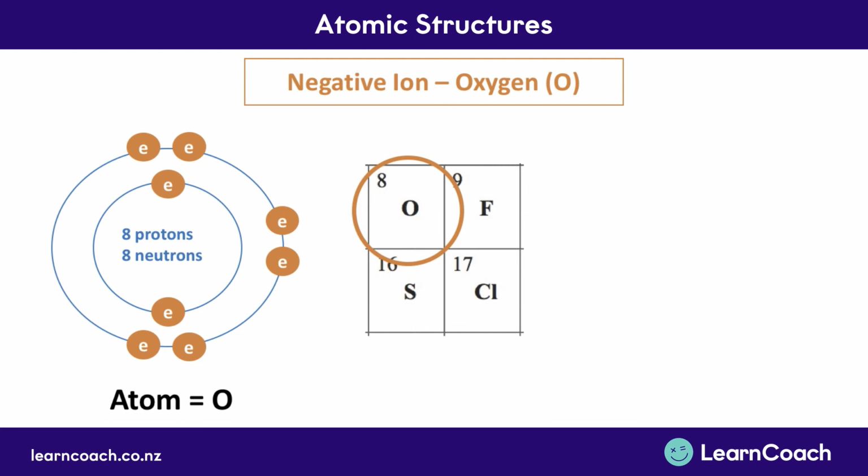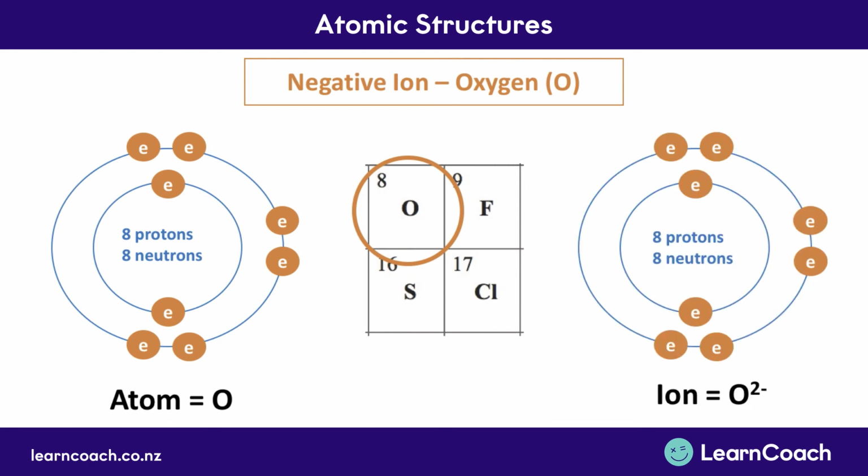Ultimately, this oxygen atom wants to form a full outer shell, and in order to do this, it's going to need to gain 2 electrons to bring that outer shell up to 8. And this means that our ion for oxygen gains 2 electrons like this, and as a result, there are 2 more electrons than there are protons. And as a result, this means that the oxygen ion has a negative charge of -2.